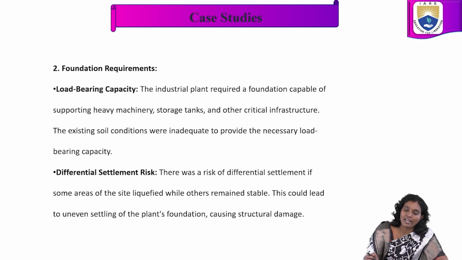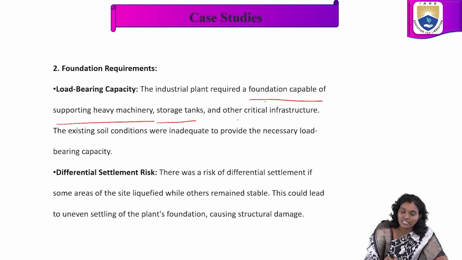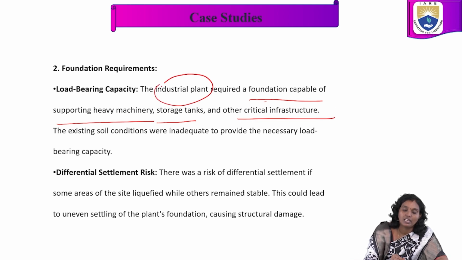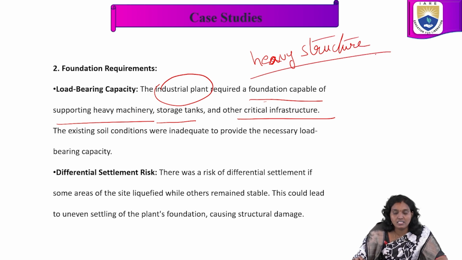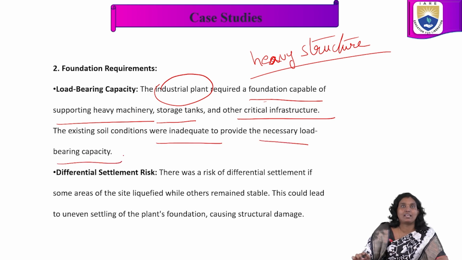The industrial plant requires a foundation capable of supporting heavy machinery, storage tanks and other critical infrastructure, because it is an industrial plant, a heavy structure. The existing soil conditions were inadequate to provide the necessary load bearing capacity.